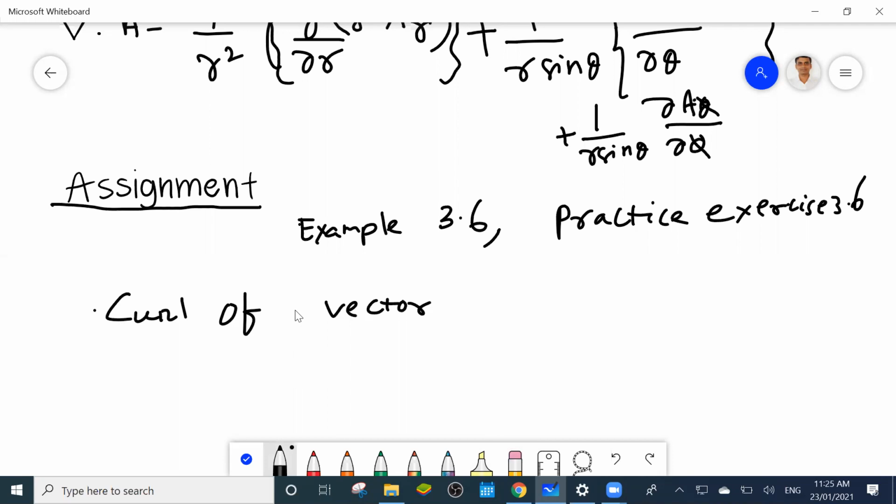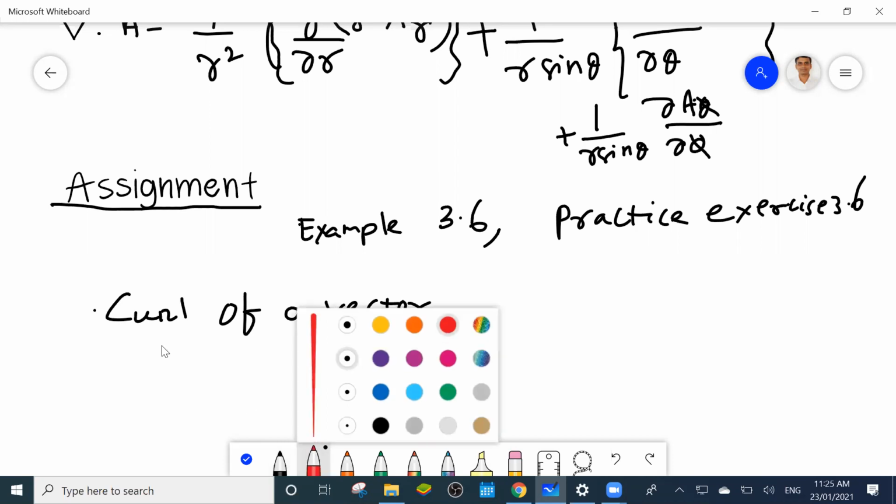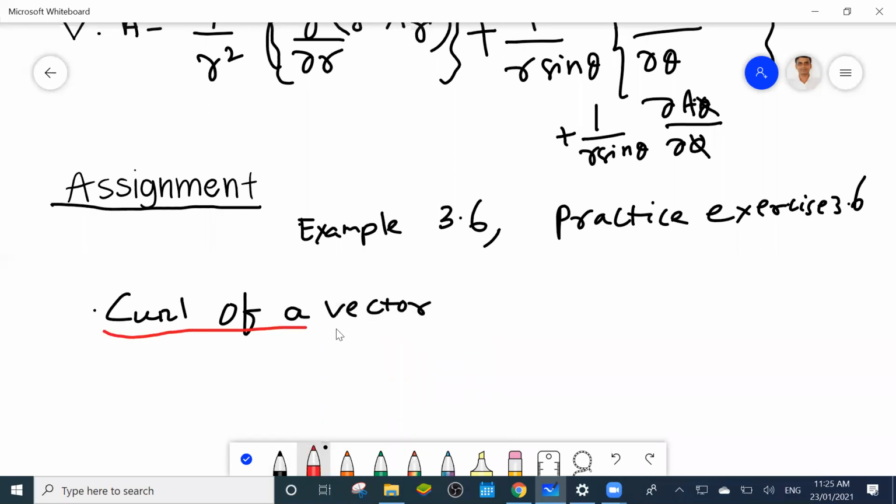So the curl of a vector, suppose you are writing curl of A, then what will you write?